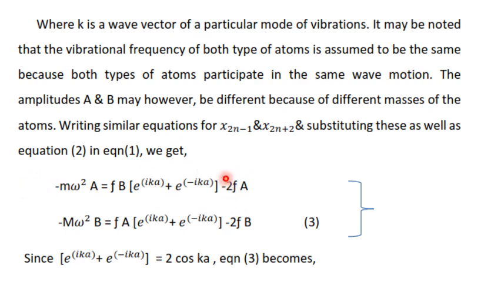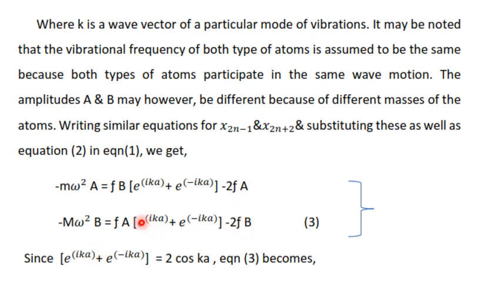You just see that case. Similar steps arise here and a similar derivation will happen. This is for small m. For capital M, minus M omega square B is equal to f into A into e power ika plus e power minus ika minus 2fB.